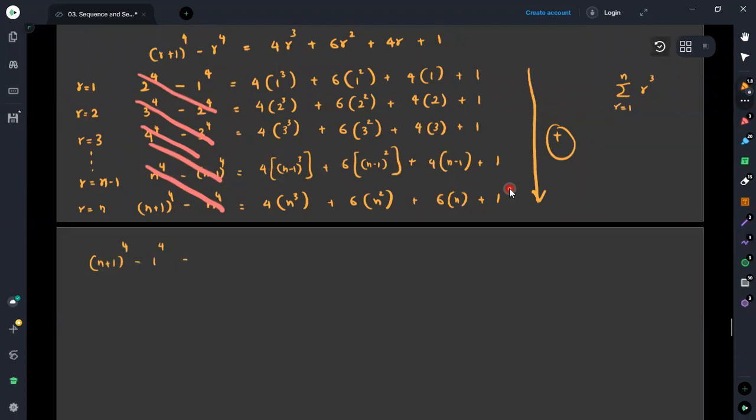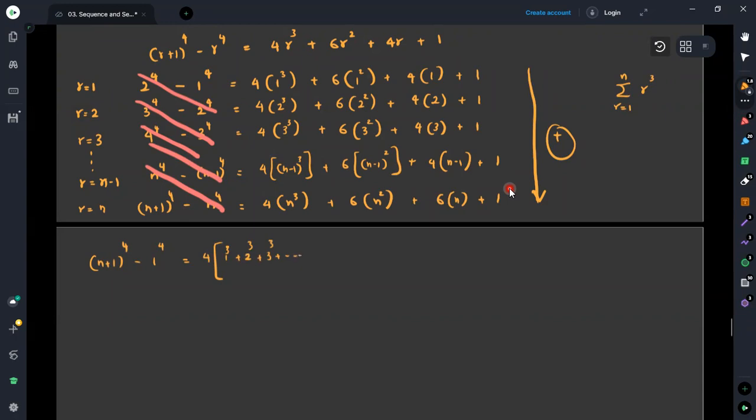Then, same as the previous calculation, the value 4 is common for all the terms. Then we'll take 4 out and we'll have the summation: 1 to the power 3, 2 to the power 3, 3 to the power 3.